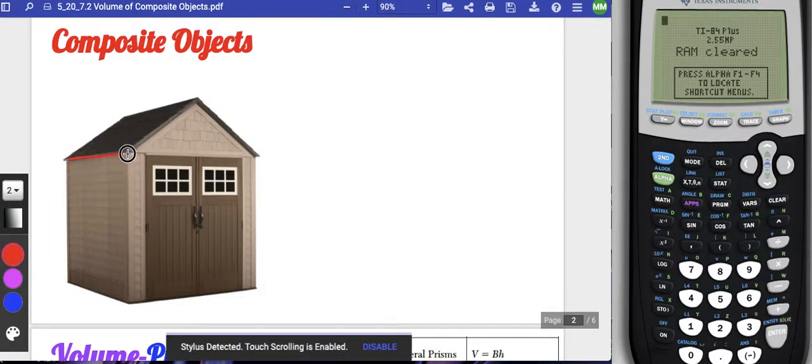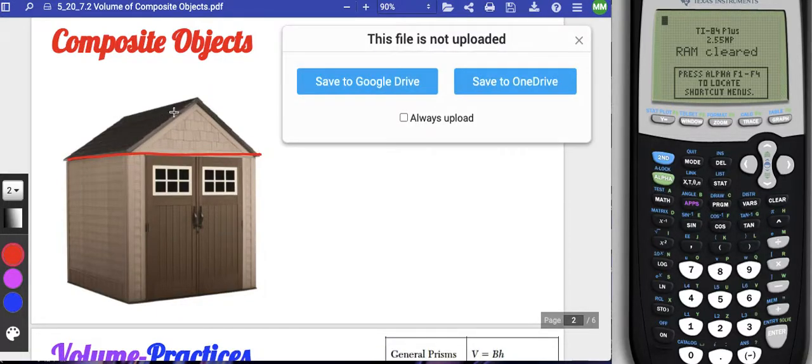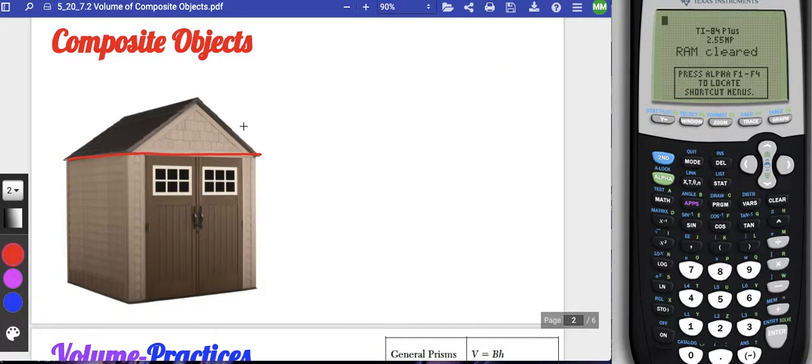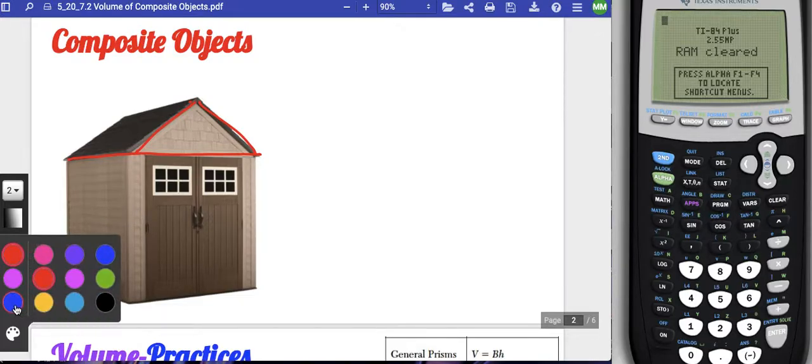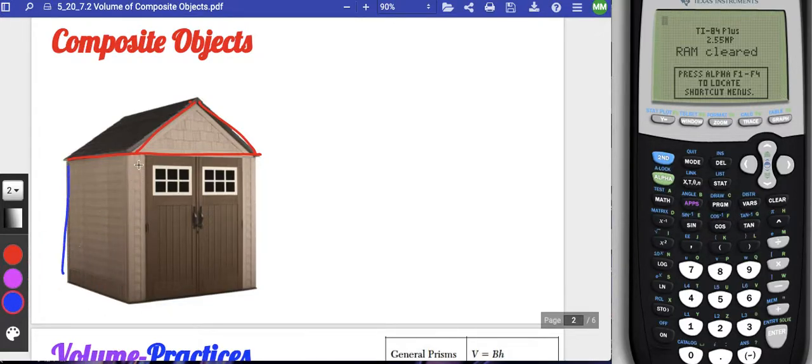If you really look at the top part, you'll probably see a triangular prism, right? Because this side is a triangle, and even the back side we cannot see is going to be a triangle. So this top part is a triangular prism, and the bottom part is going to be a rectangular prism. So we use the two pieces together to combine them.